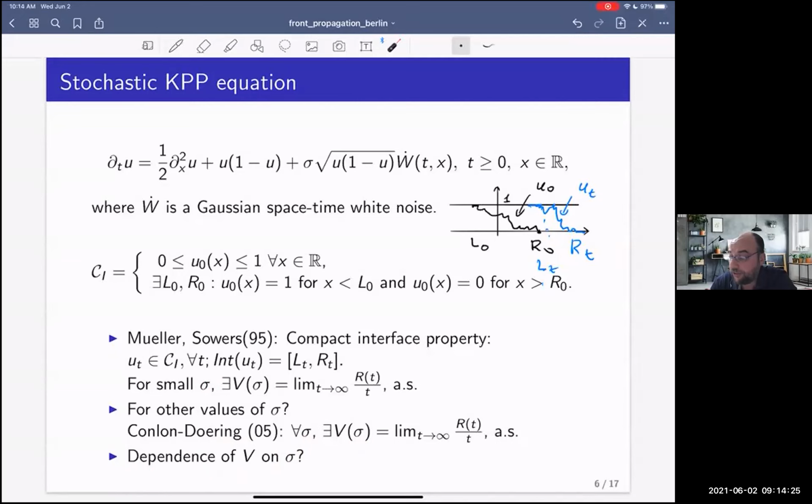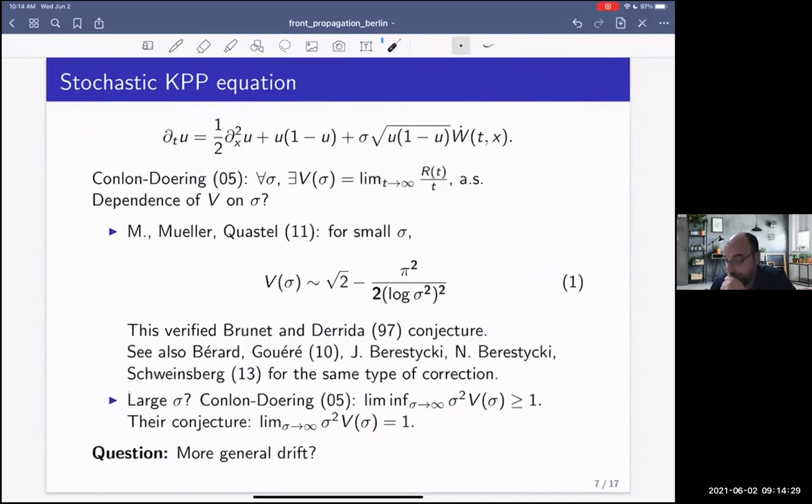How does the speed of propagation depend on sigma? So we know that v of 0, for example, equals square root of 2, since this will give rise to the regular deterministic KPP equation.